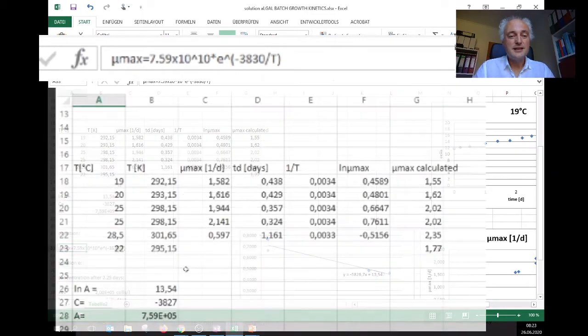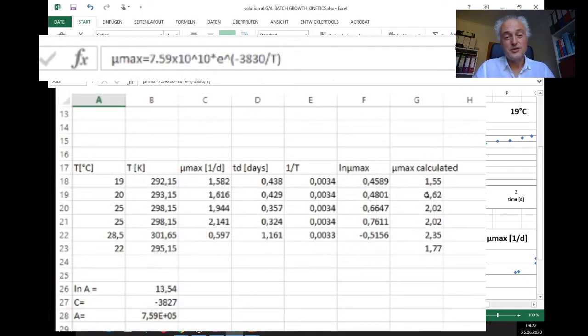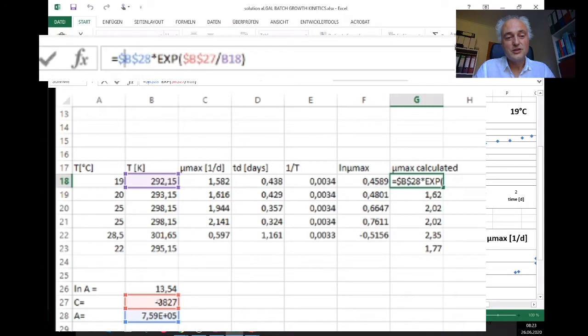What is a wise idea? What I do then always, because this is not more work, is I just transfer this formula. So this is the formula. It's this value fold e to the power of this value divided by, sorry, by the temperature.